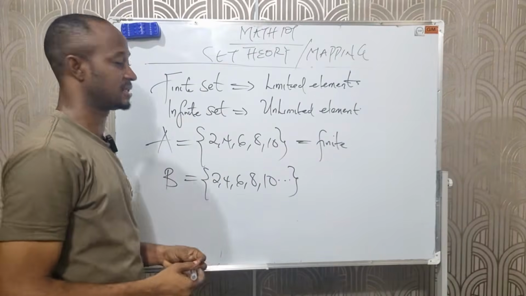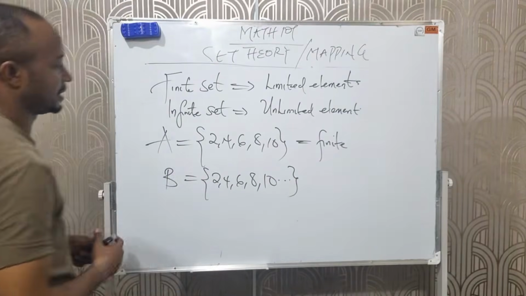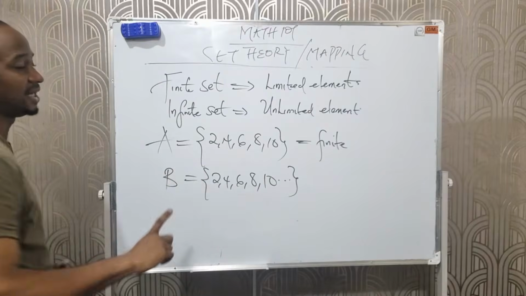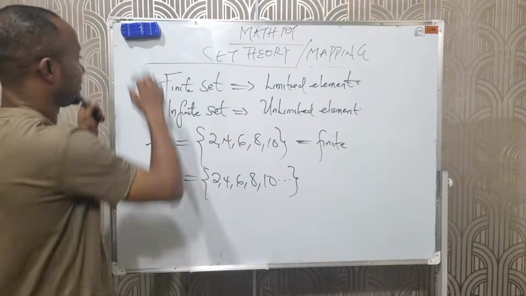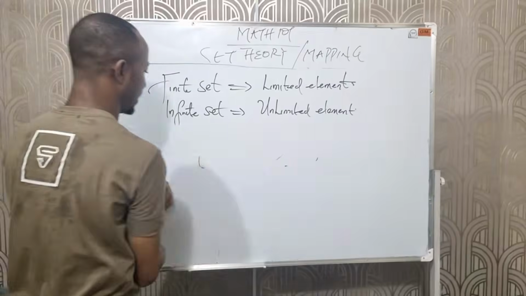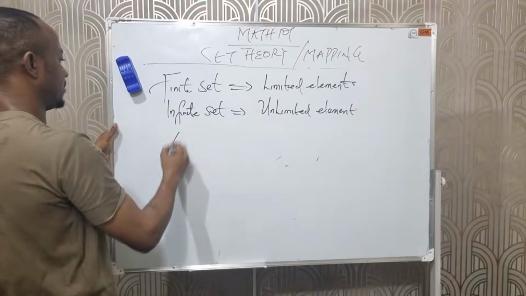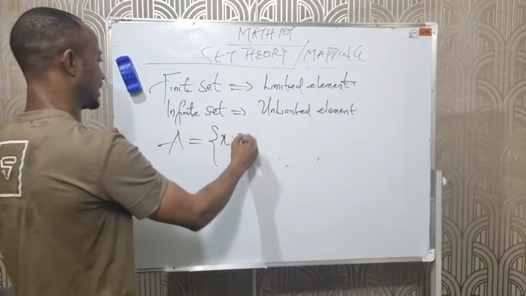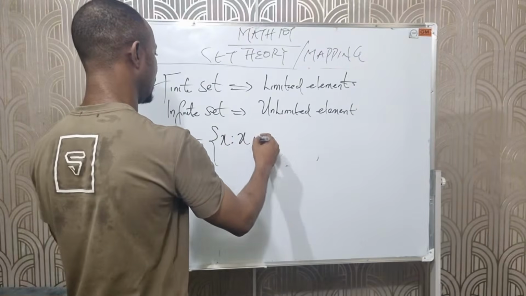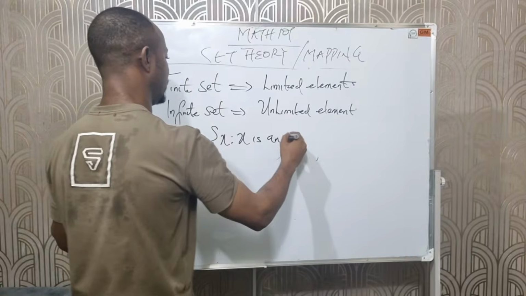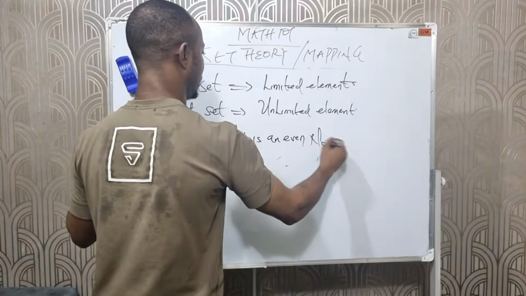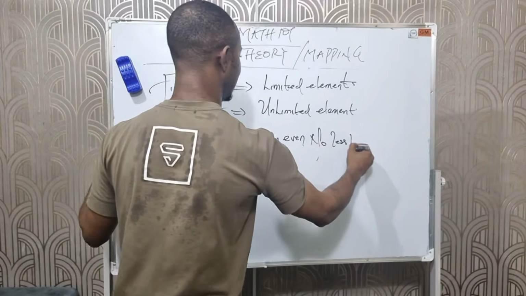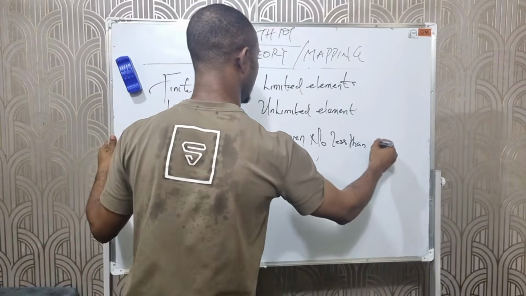Infinite sets. Okay? Are you there? So any set that has limited elements is called what? A finite set. Another example we can give for this, using set builder notation, is X such that X is an even number less than 10.